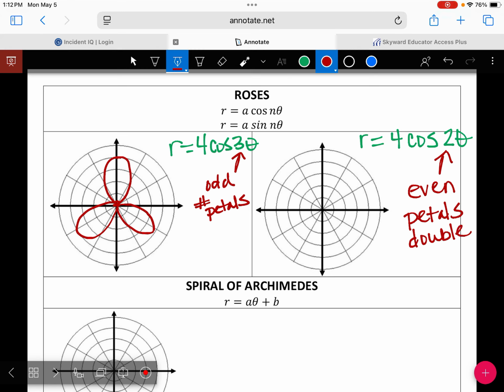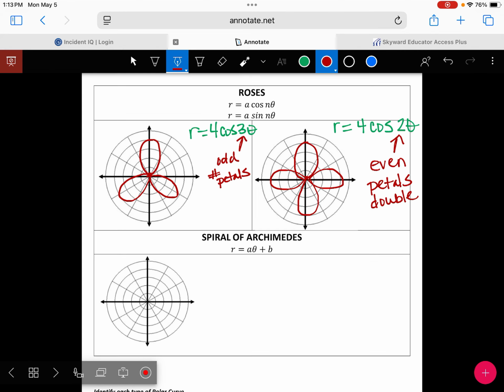So if that's a 2, how many petals do you think I'm going to draw? 4, yeah. So I'm going to draw one that goes out to the 4th ring. It's going to look something like this. Oh, it goes to the 4th ring. Yeah, yeah. Oh, so basically the front number tells you how far it's going to go, yeah.